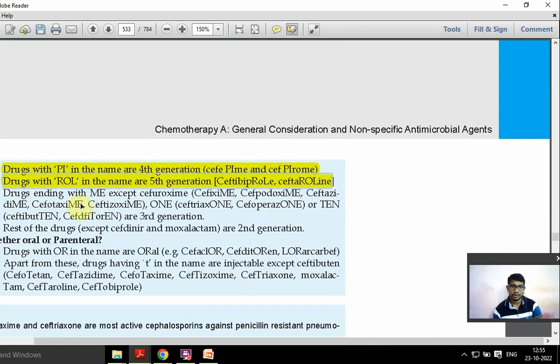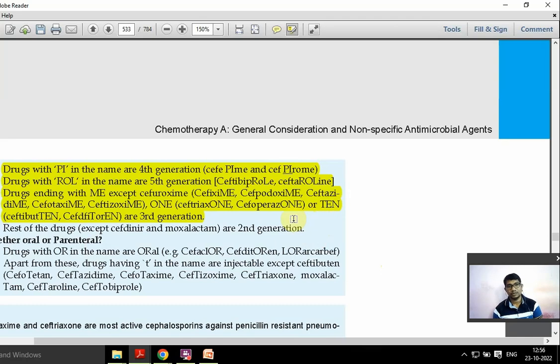How does the third generation come? Drugs ending with, so drug ending with ME, that is cefixime, cefpodoxime. Cefixime, cefpodoxime, then ceftazidime, cefotaxime, ceftriaxone. So drugs ending with ME, drugs ending with ONE, ceftriaxone, cefoperazone, ceftriaxone, and TEN. So ONE, ME and TEN.